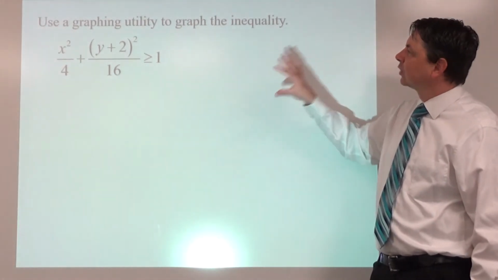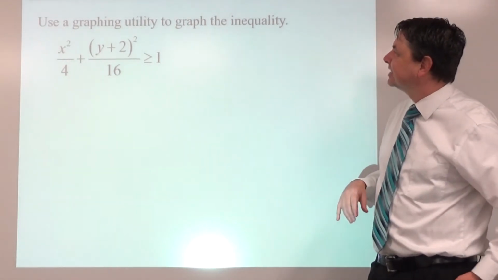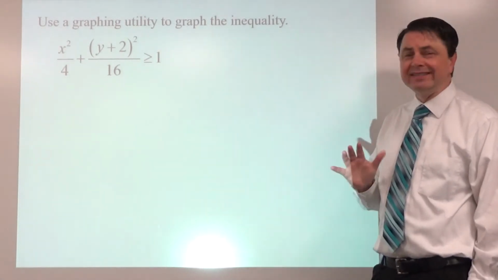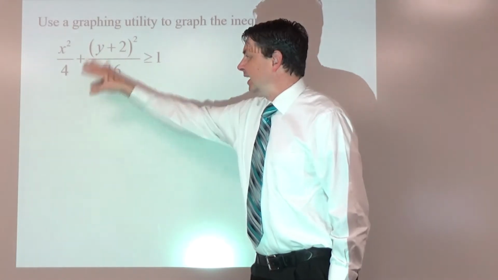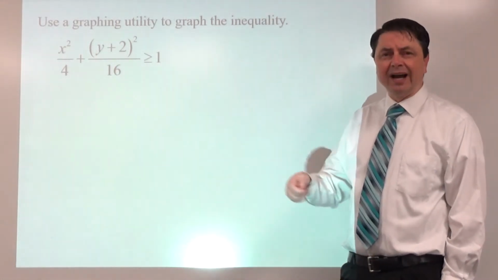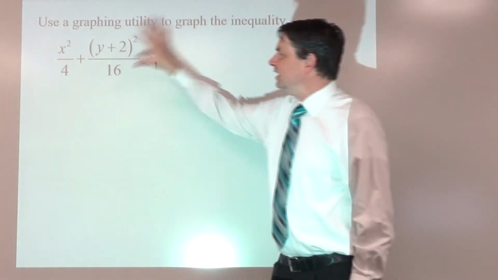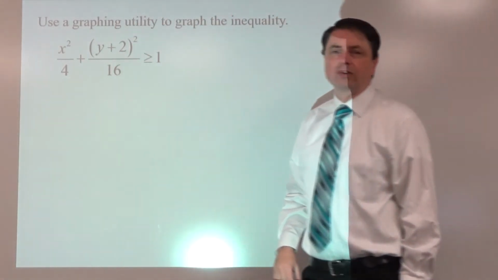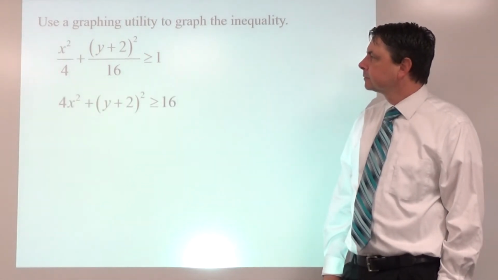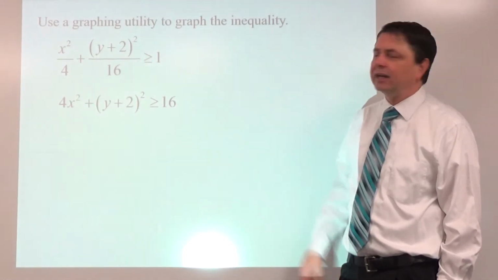All right, how about using a graphing utility to graph this inequality? So the challenge now: on Desmos, a lot of times you can go ahead and input it just like that, but on a graphing calculator, remember it says Y equals, so we need to solve this for y. So the first thing I thought of, let's see if we can kind of fraction bust this.